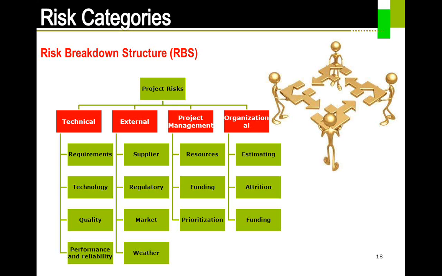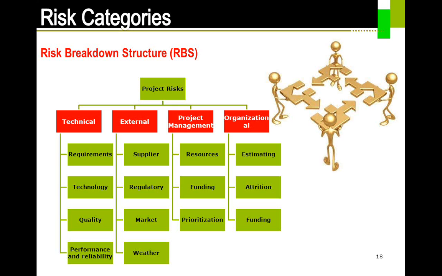As you saw, under technical you saw the requirements. In fact, requirements can also go under project management, because there you might end up doing the business requirement capture. We can also see something called external, where as a project manager we would not have much control: the supplier or the vendor.